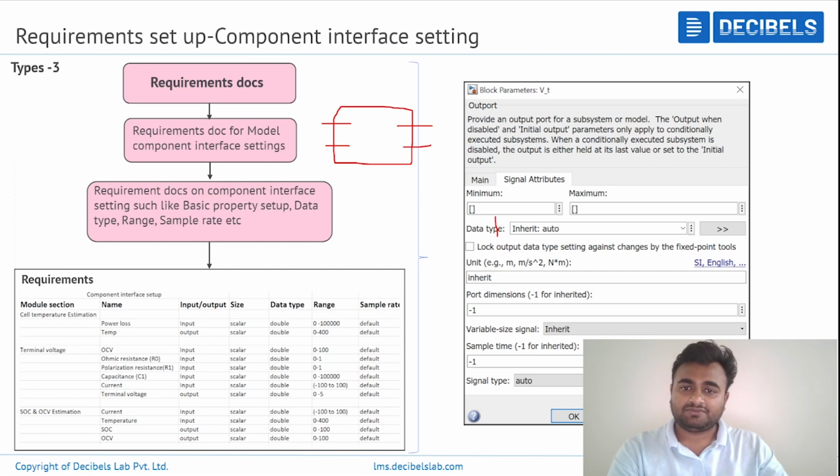It will be passing some data from one system to the other, so it should have a name, whether it is an input or output, the size of the data type, or the range of the value it will be carrying. All the details have to be mentioned. So this is the other type of requirements, where you need to set up properties for the interfaces of your subsystem. You can call it a type 3 document.